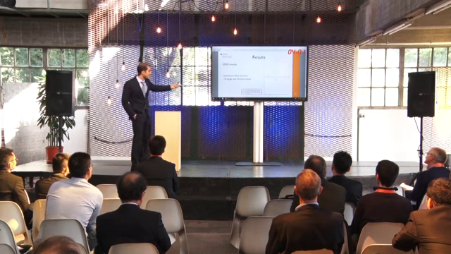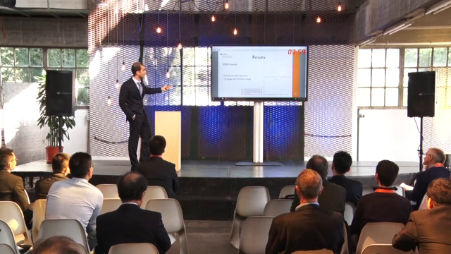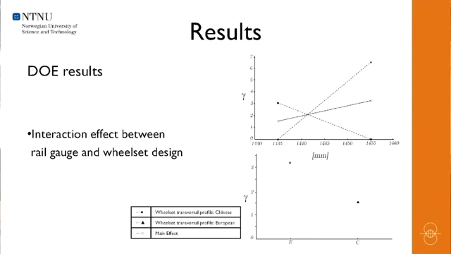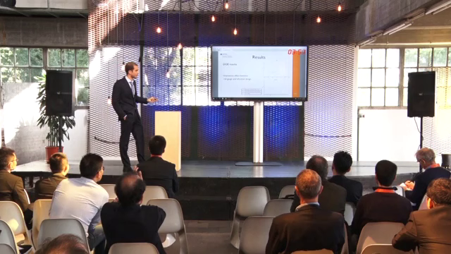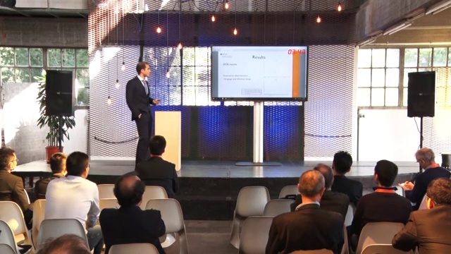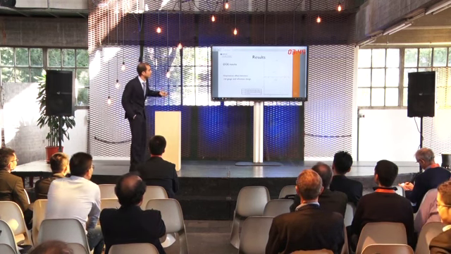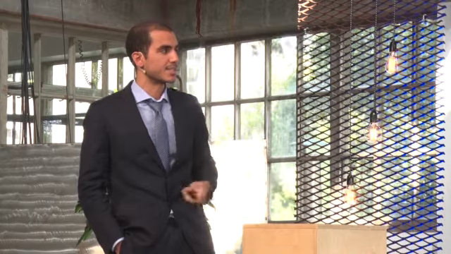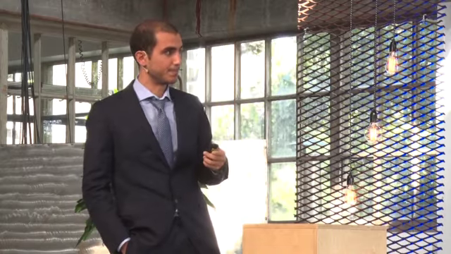For example, if we take into account the European transversal profile for a standard gauge of 1445 millimeters, we don't have any response of our corrugation parameter, while for a widened gauge, 1455 millimeters, we have a huge response. And the opposite can be found for the Chinese transversal profile.